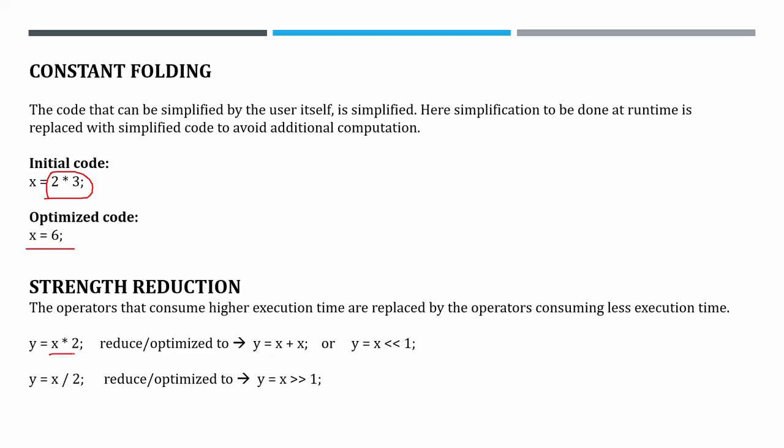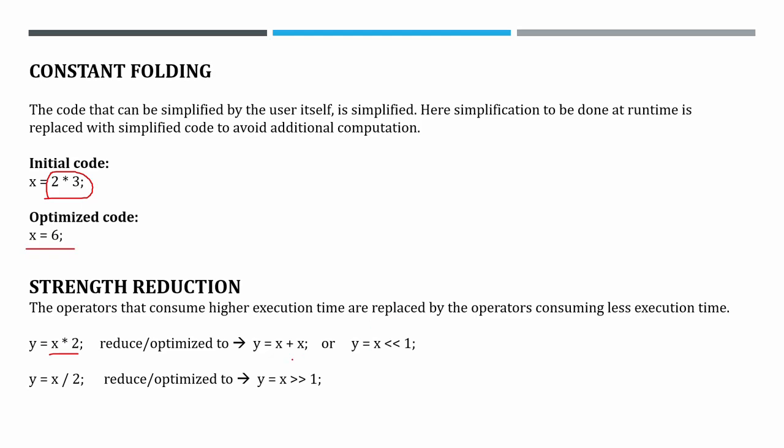See here, y equal to x into 2, which can be optimized as y equal to x plus x, or y is x left shift of 1. We may know that left shift of 1 is the same thing as x into 2; the results will be the same. Similarly, right shift of 1 is division.